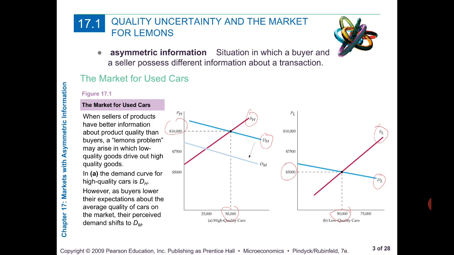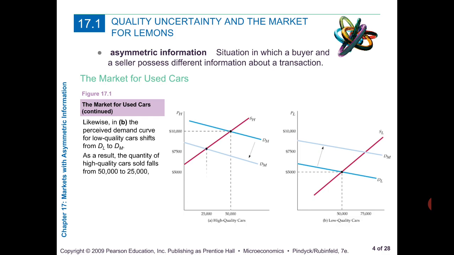It could be high quality, it could be low quality. So they are not willing to pay the high quality price. So let's say they reduce the demand to DM, middle quality.